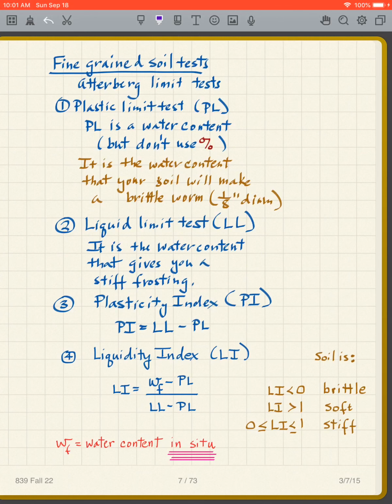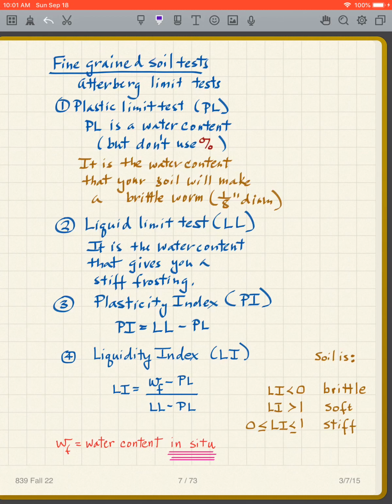So in other words, we're talking about clays and silt, because it's a fine-grained soil test. Remember, I said you make a paste. You add water to the soil, you make a paste. And the thing is that one type of clay, like a bay mud, may need a lot of water to make a paste, whereas a different clay, say a Boston blue clay, may need not much water to make a paste.